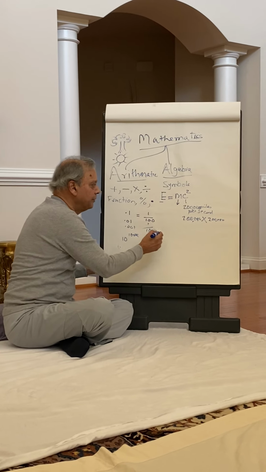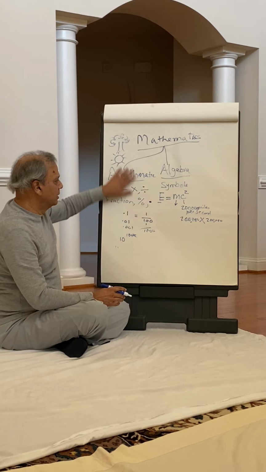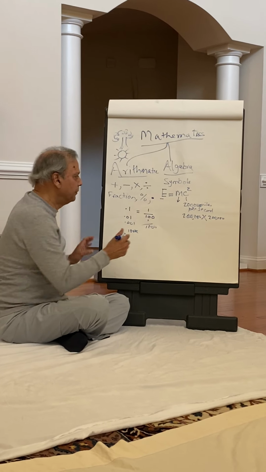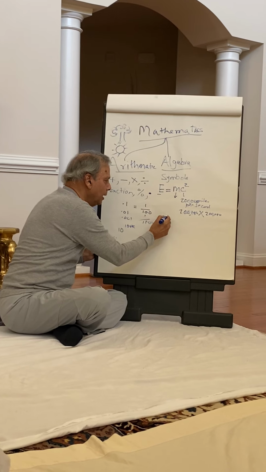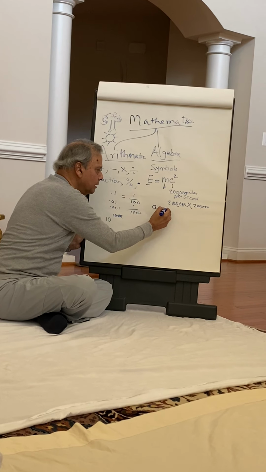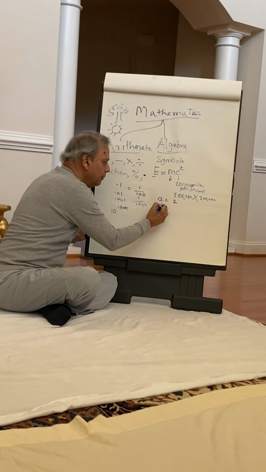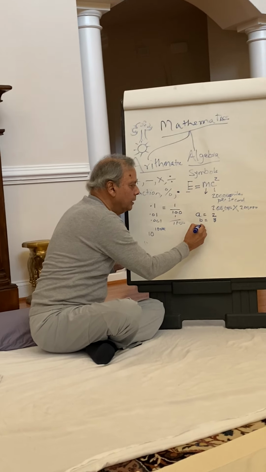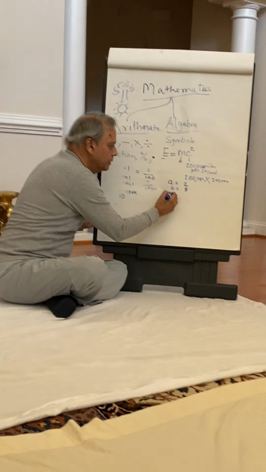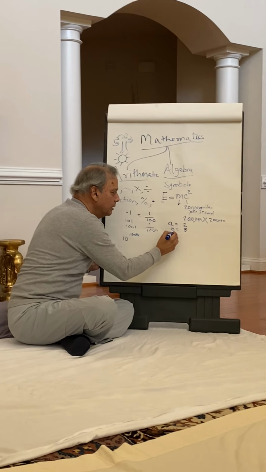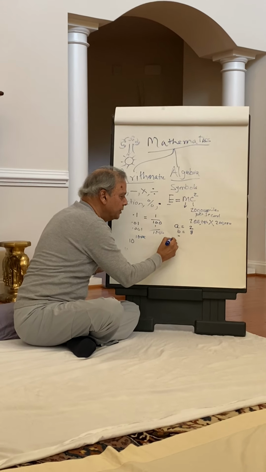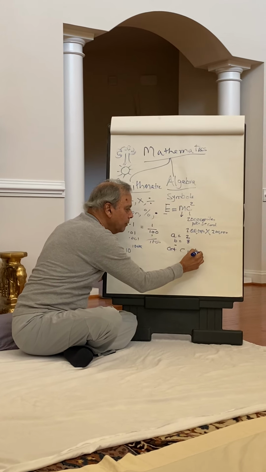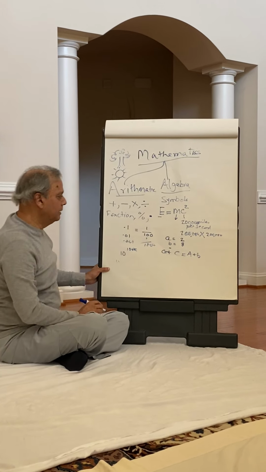Suppose I say I have to do a lot of calculations and I just want to say it in one line. Right? So I say A equals 2 and B equals 3. If I say C equals A plus B, right?